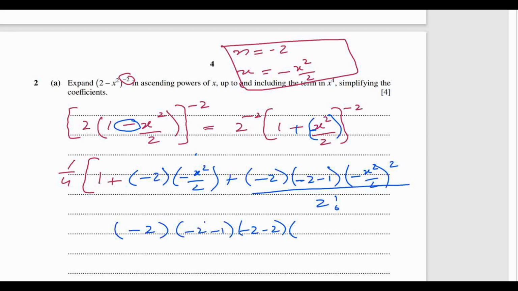So x cube means this should be (minus x square by 2) whole cube, divided by 3 factorial, and so on. Now for this case we can see, in ascending order of x up to and including the term in x^4, simplify the coefficient.